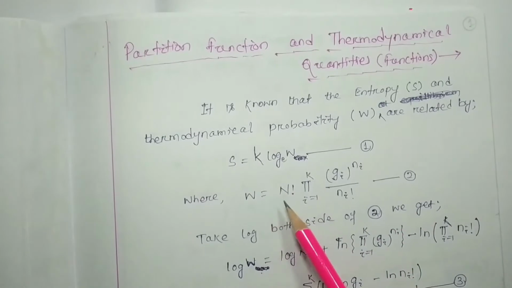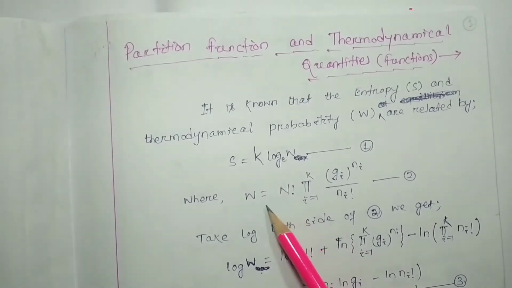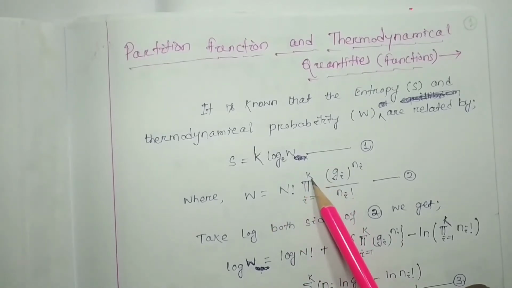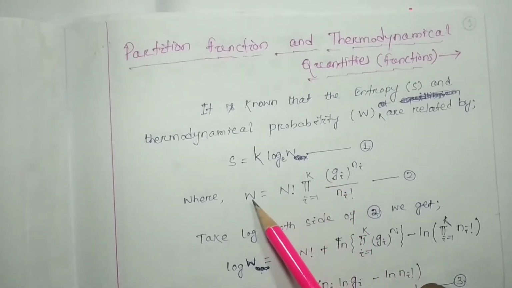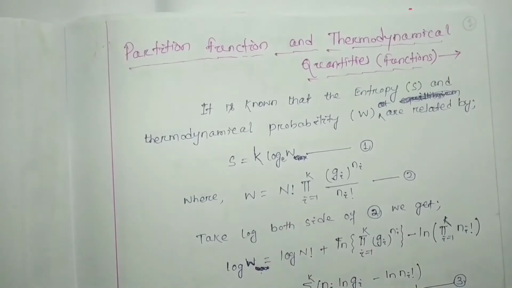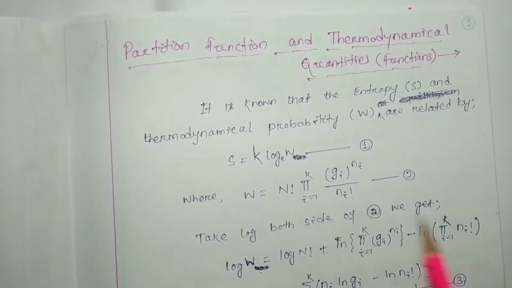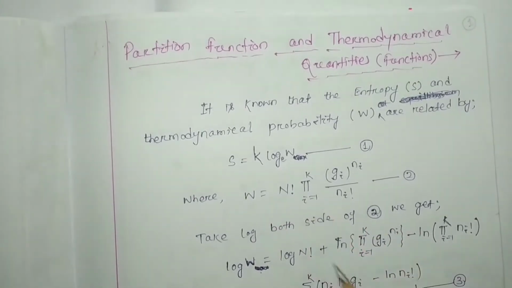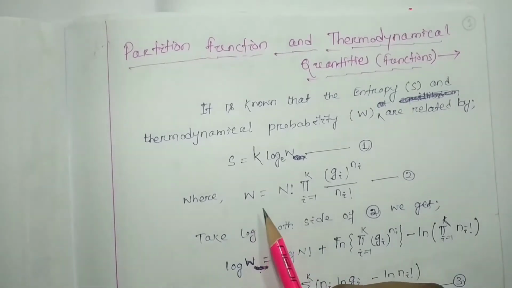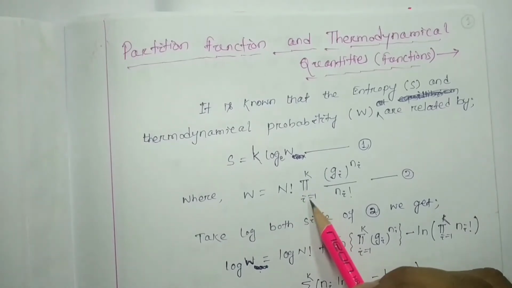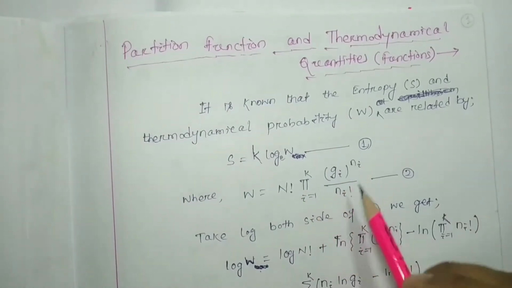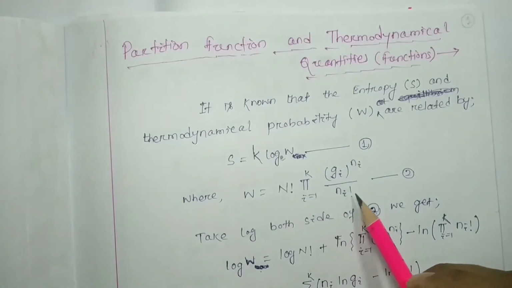And we found that if the whole system is divided into k number of compartments, and each compartment is further divided into different numbers of cells, then the thermodynamical probability of a particular macro state will be W equal to n factorial, product over i equal to 1 to k, gi to the power ni divided by ni factorial.